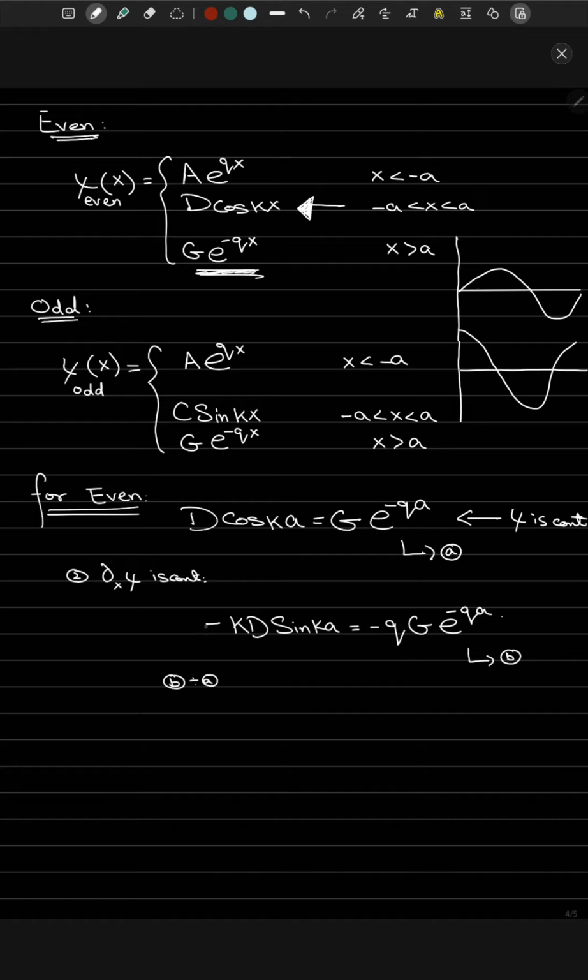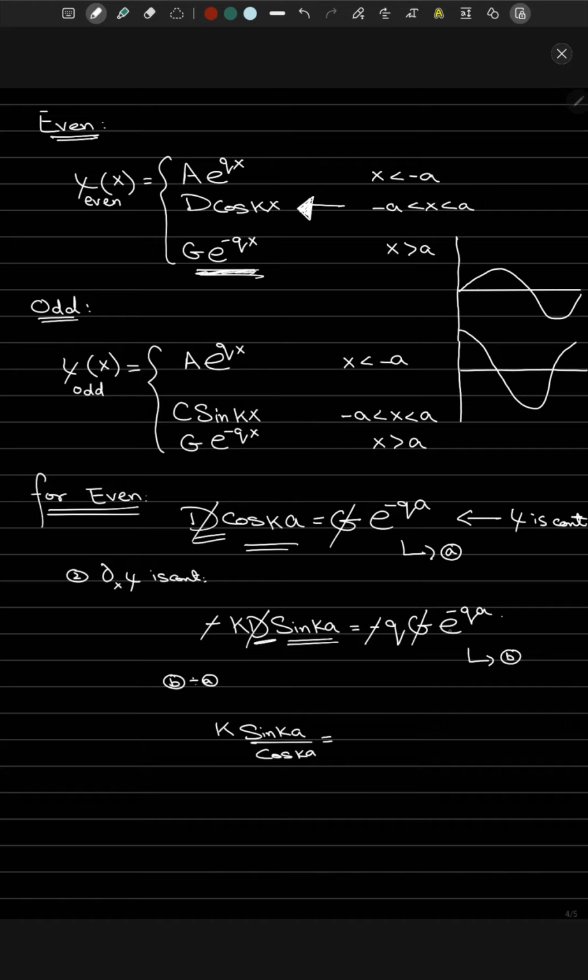well, this minus minus cancels, right? So you'd have k, and this d, when divided by this d, would go away, and you would be left with sine ka divided by cos ka equal to, you'd see that g and g would also go away, just as d and d would go away.